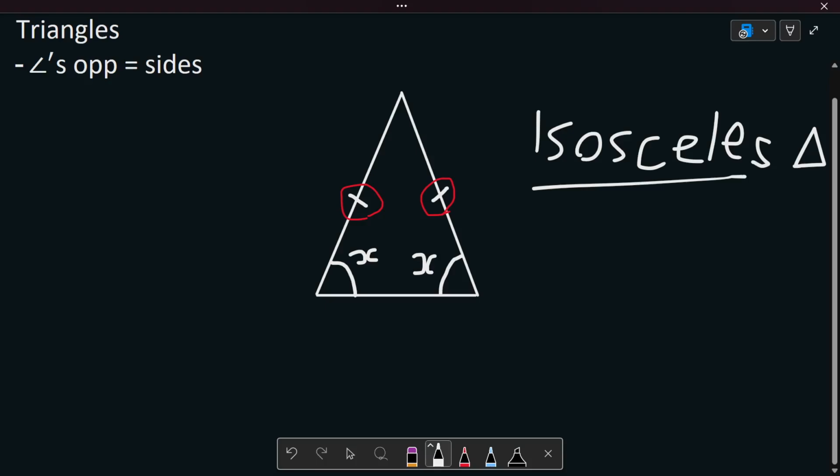Before we get into the example, or how to actually find angles using this reason or apply it in examination questions, we first need to look at this definition here. Angles opposite equal sides. What is it in full? Let me say it out loud. The angles that are opposite are only equal when the adjacent sides are equal in length. Now, what does that mean? I'm going to try and represent it visually.